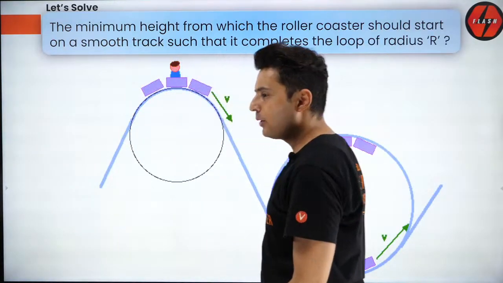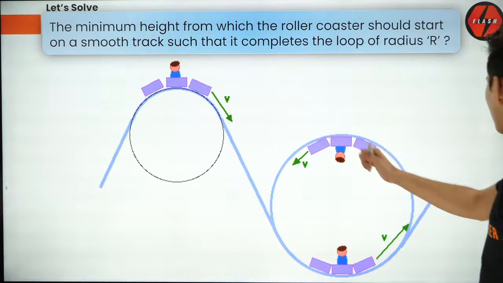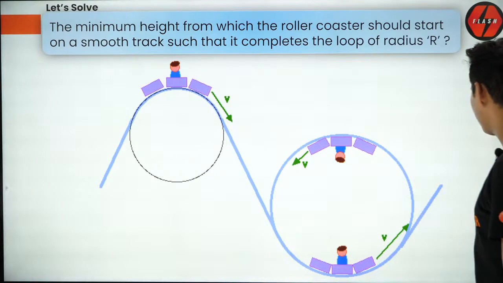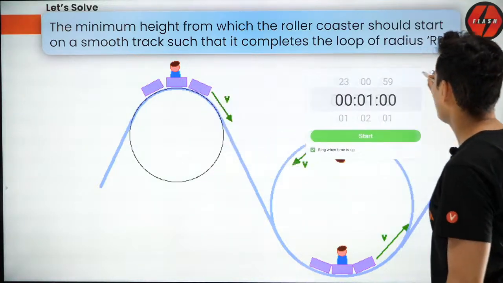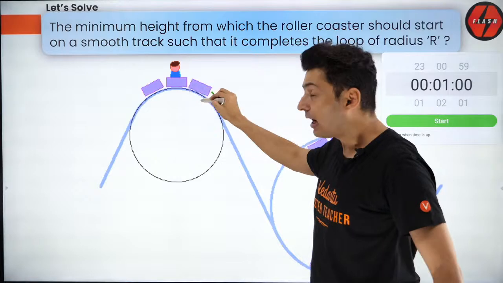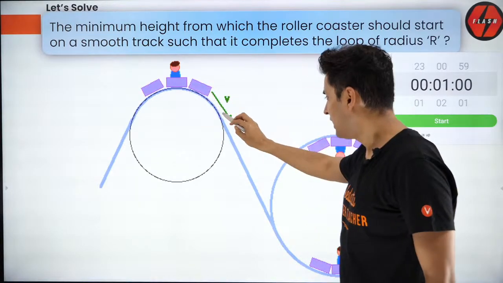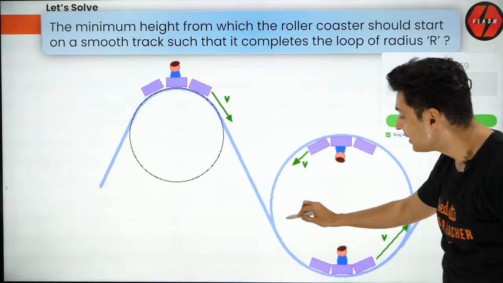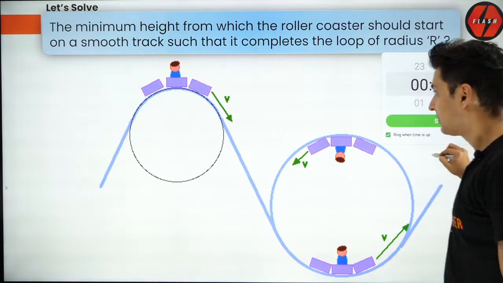So let's see how many of you can solve this question. I'm putting up a timer. Look at this roller coaster ride. A roller coaster starts from here and gains some velocity, and it has to complete this loop without losing contact.